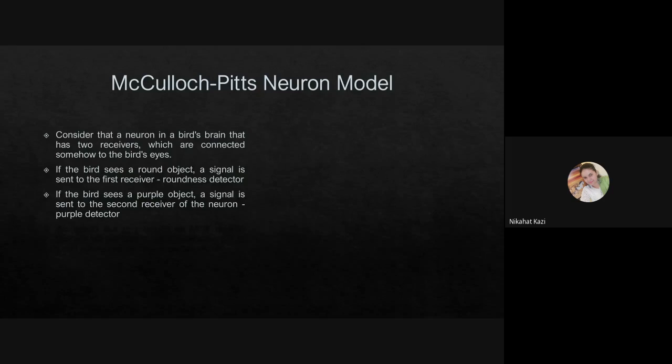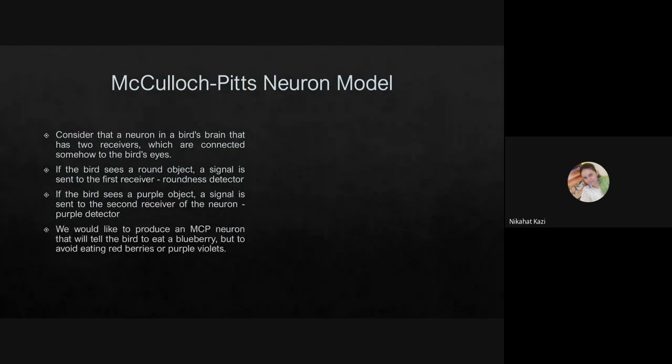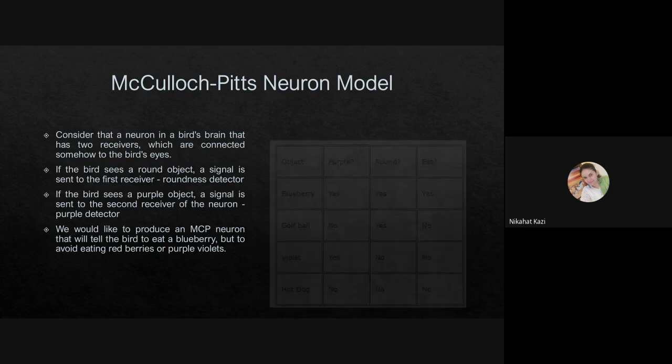So there are two receivers: one is the roundness detector and the second is the purple detector. What we want to do is produce a signal, or an output, which will tell the bird to eat a blueberry, but to avoid eating red berries or purple violets.